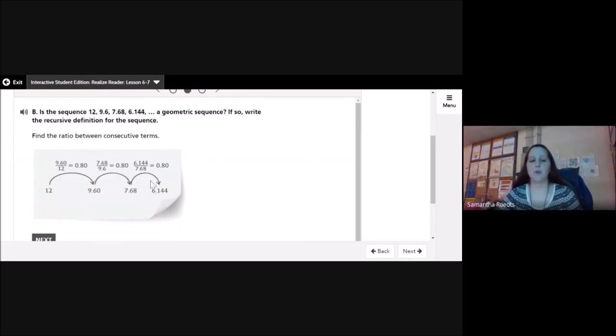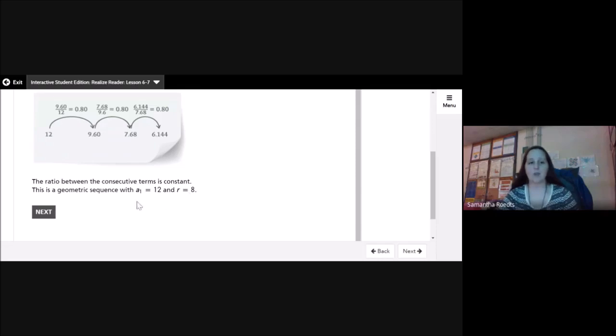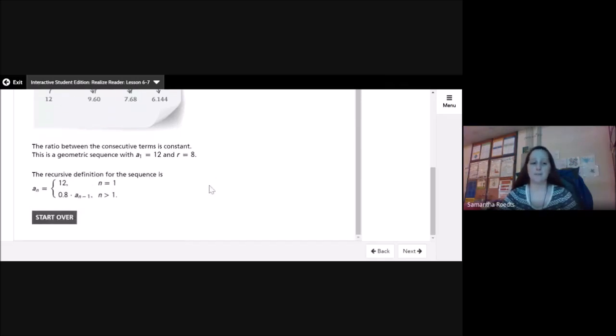And 6.144 divided by 7.68 gives me 0.80. So that means I'm multiplying by 0.80 each time. So the ratio between the consecutive terms is constant. So it is a geometric sequence with a sub 1 equals 12 and r equals 0.8. So the recursive definition for the sequence is 12 when n equals 1 and 0.8 times a sub n minus 1 when n is greater than 1.